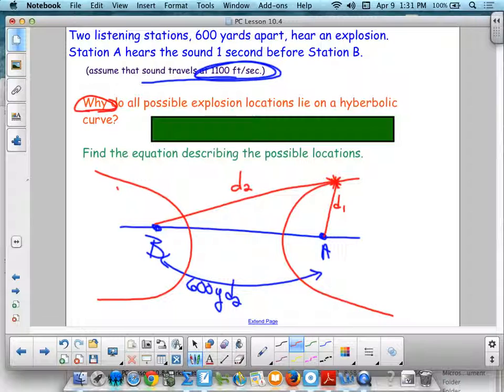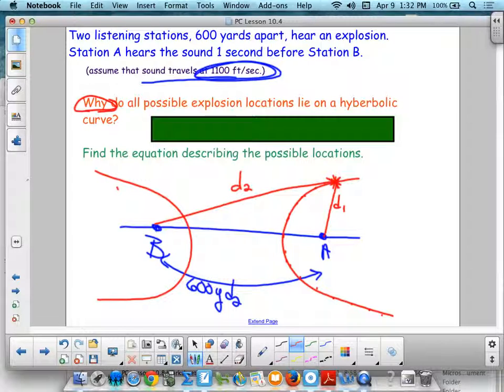But I was thinking you were going to say it will always be 1 second. I don't care where the explosion happened, it's always going to be 1 second. This minus this is always going to be 1 second because they told us station A hears it 1 second before station B. So wherever it is on here, it's always 1 second closer.